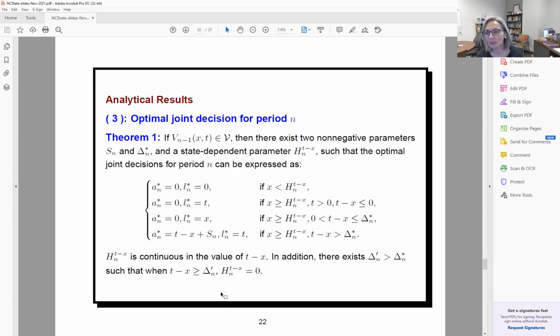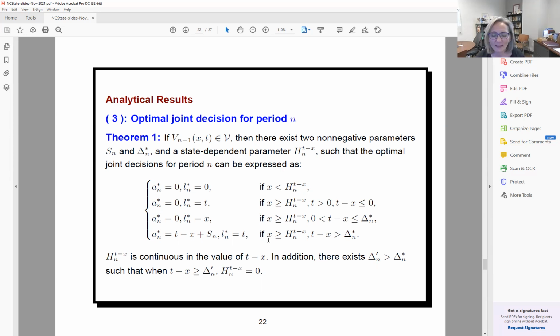we can put these 2 cases together and present the entire optimal policy and prove theorem 1. Theorem 1 basically says that you have 5 cases if you comprehensively consider the fact that sometimes you dispatch and sometimes you do not dispatch.